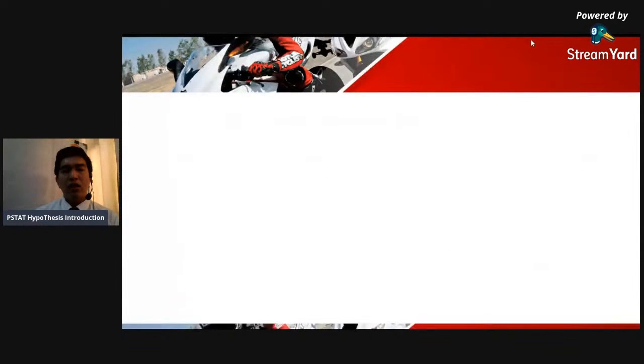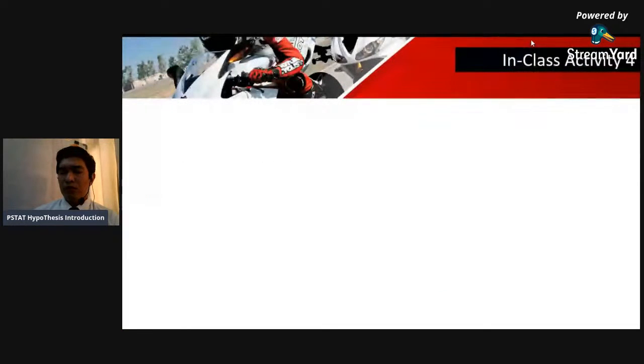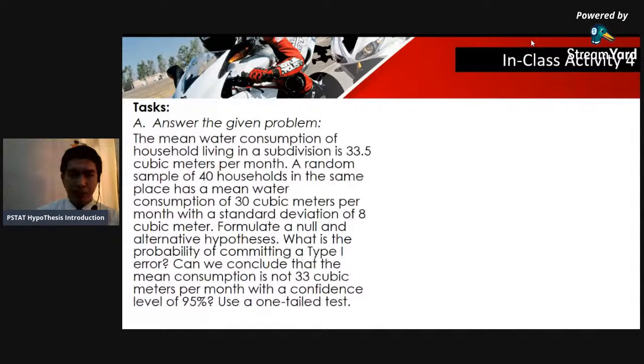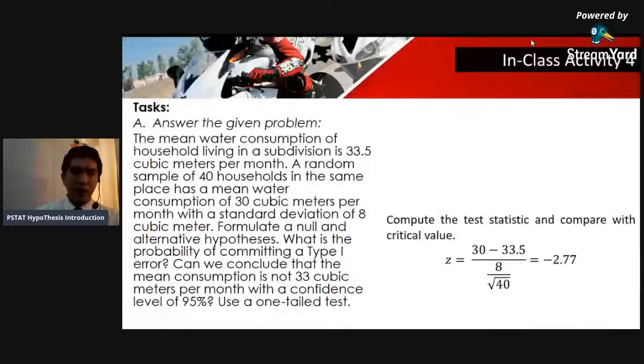Okay, so the first topic that I gave you in hypothesis testing was the in-class activity on the mean water consumption. Here our task is to formulate a null and alternative hypothesis. What is the probability of committing a type 1 error? Or can we conclude that the mean consumption is not 33.5 cubic meters per month with a confidence level of 95%?